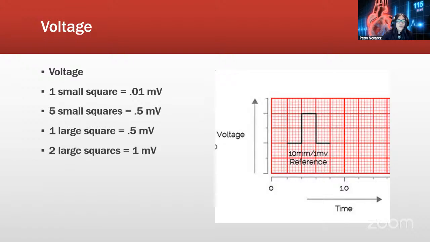Now, one little tiny square within a large square is going to be 0.01 millivolt. 5 small squares is going to be 0.5 millivolts, or one large square is going to be 0.5. So 5 small or 1 large are both going to be 0.5 millivolts. And 2 large squares, which is what we need to see, is going to be 1 millivolt.